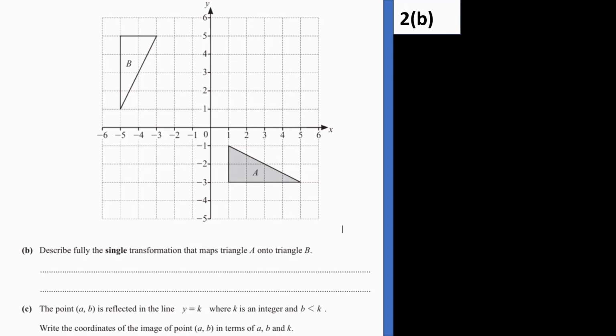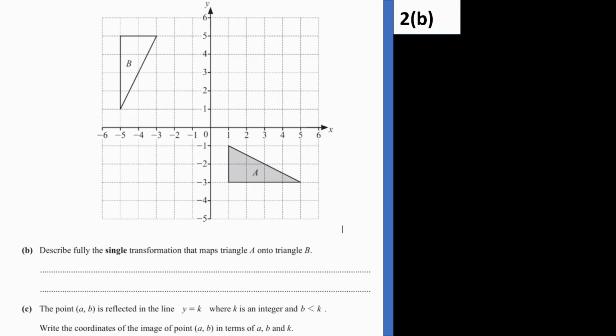Remember that in Cambridge IGCSE examination, especially for students writing 0580, in your syllabus under transformation, you have these 4 transformations to be tested upon. The first is enlargement, we have reflection, we have translation, and rotation.